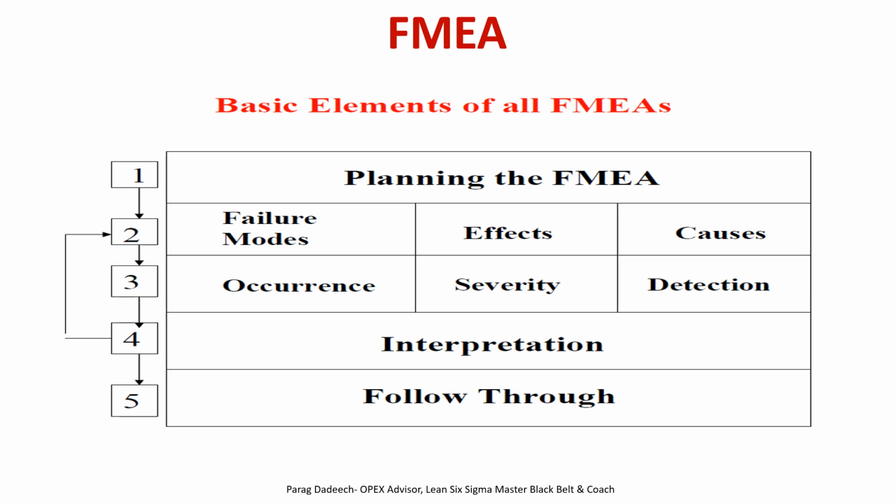The fourth step is interpretation of the failure modes, the severity, the occurrence, and the detection, which shall be explained subsequently. Then is the follow through step, wherein you take actions to reduce and eliminate the high risk. Finally, you repeat the process again.